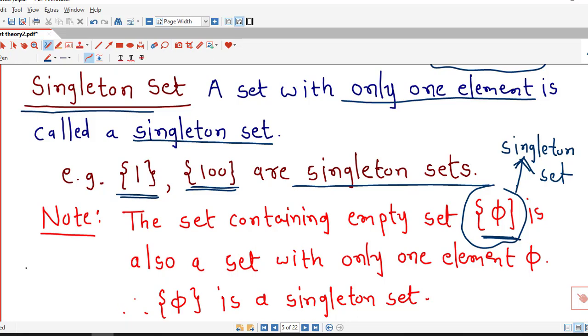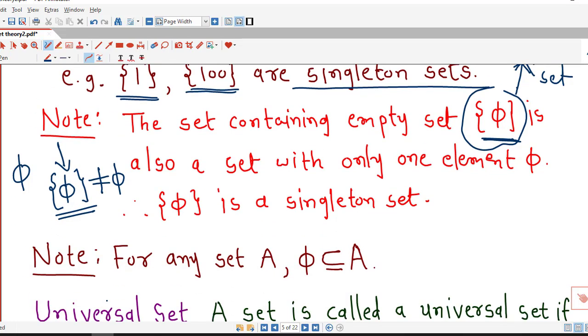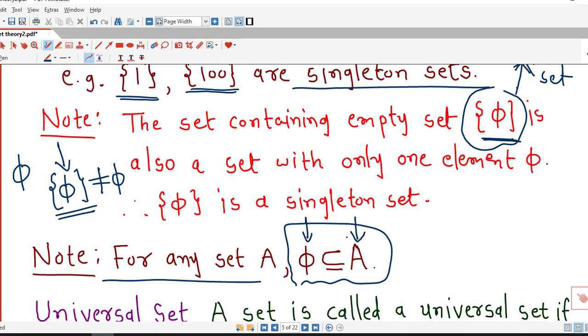If we are considering only phi, then phi is an empty set, but the set containing the empty set is not empty, because it contains one element, and that element is the empty set. So this set is a singleton set. And we defined the meaning of subset in the previous lecture. For any set A, the empty set is a subset of that set.